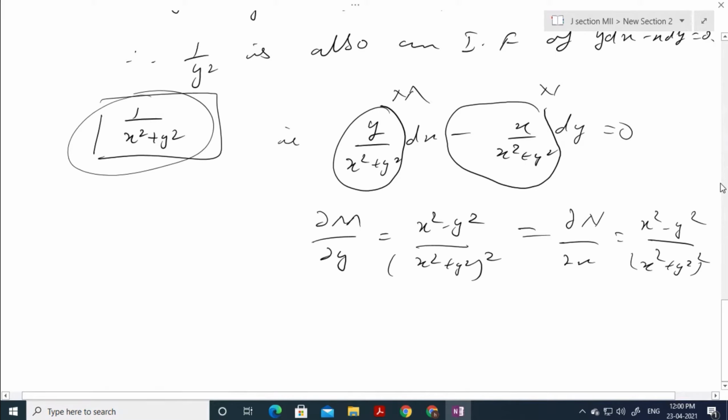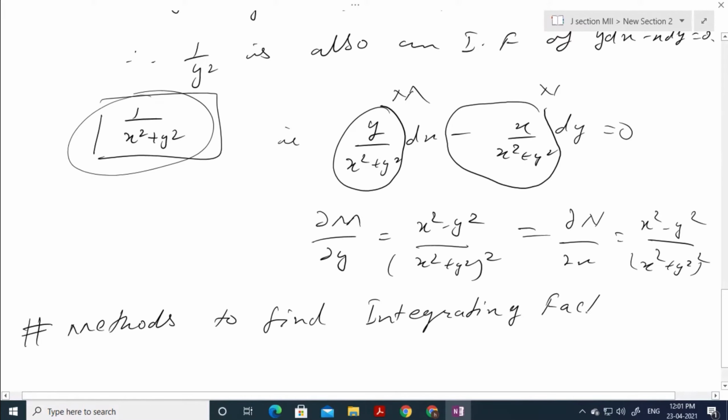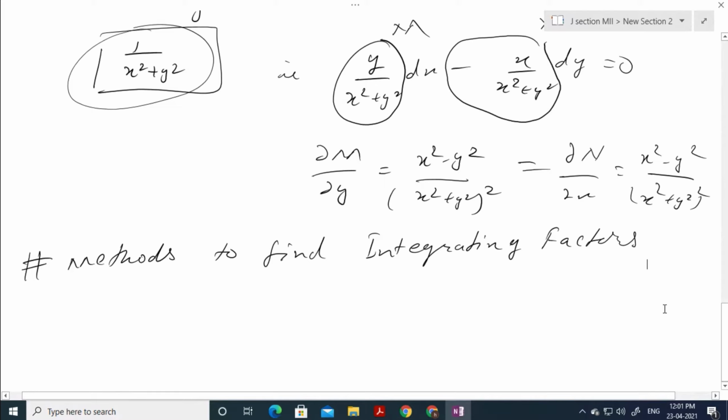Okay. So now give the heading: methods to find integrating factors. In that, for the first one there is no formula, but just with some experience you will get it.